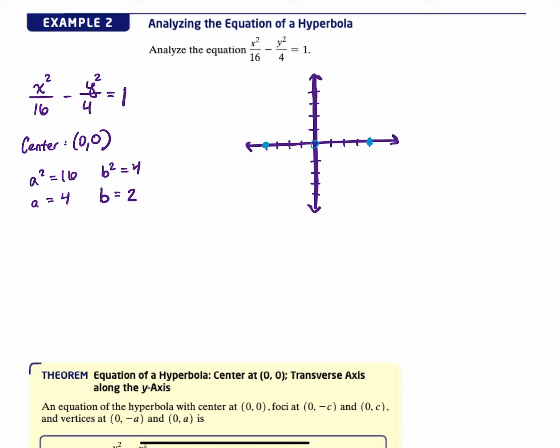And our b value is 2, so if I go 2 units above the vertex and 2 units below, that will give us the edges of the box that we can create. So imagining some box like this, our asymptotes will cross through.